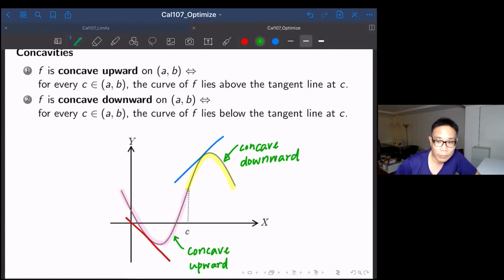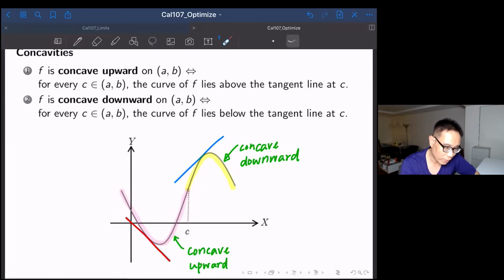This idea is different from increasing and decreasing. If I ask you about increasing and decreasing, you're going to answer that it's decreasing in this interval, and increasing in this interval. So the idea is different from increasing and decreasing.